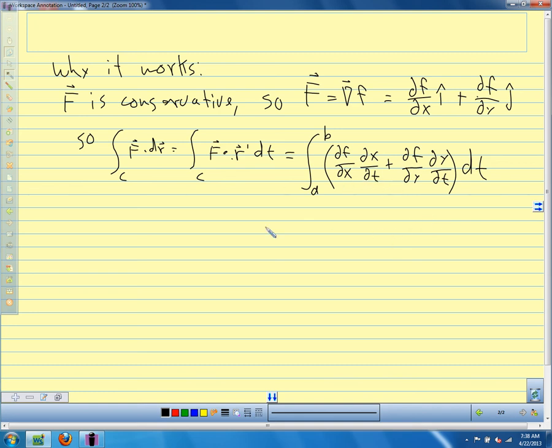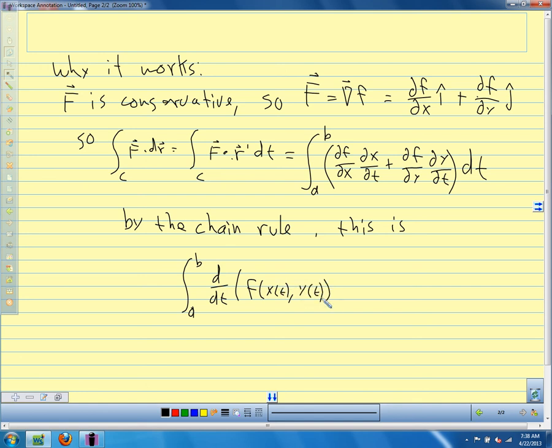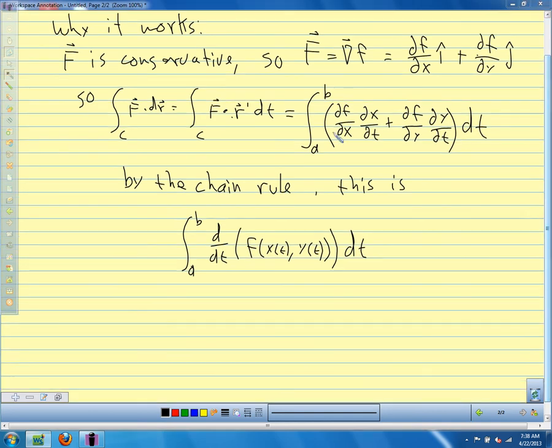Now if we look at this quantity by the chain rule, this quantity is just the derivative with respect to time of our scalar function f, by the chain rule for multivariable functions.